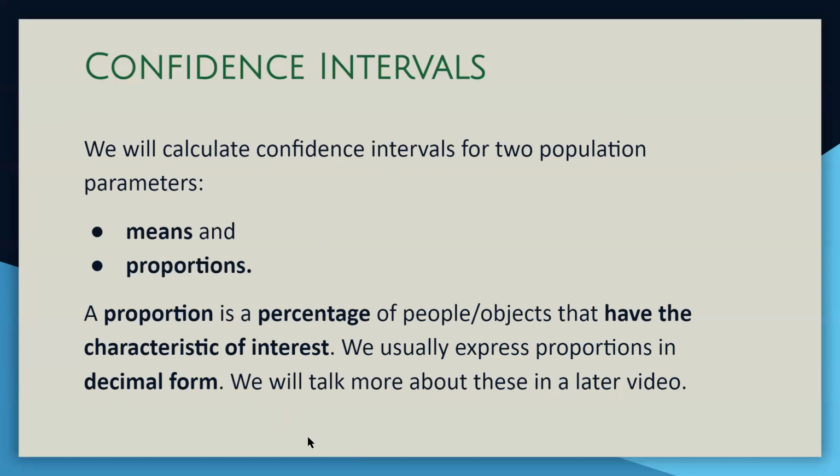Proportions are related to probabilities. The percentage of people who voted for a candidate is a proportion, right? The percentage of people who are left-handed, that's a proportion. So this is the value we're familiar with. Now we're going to talk about how to estimate it for a population.